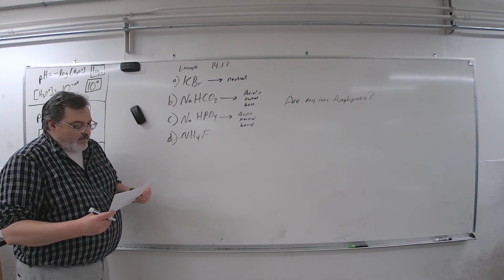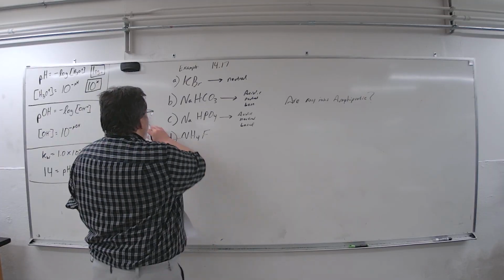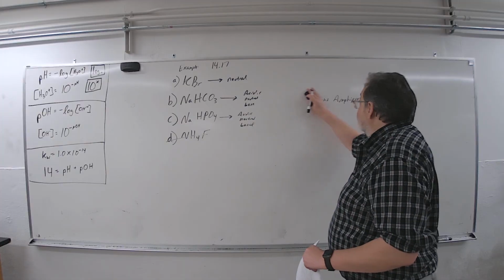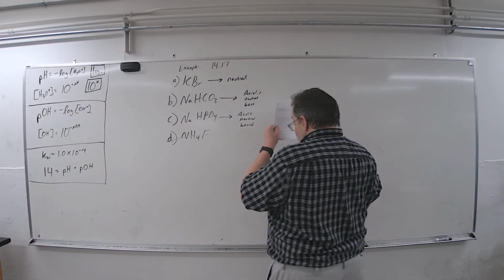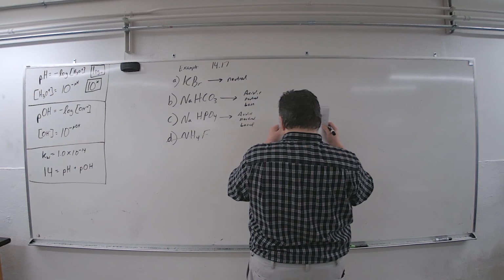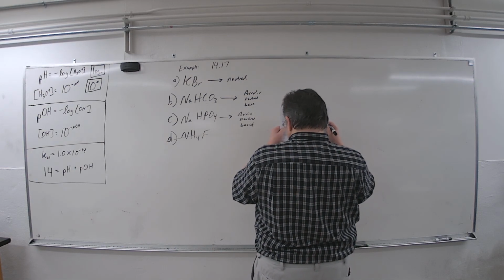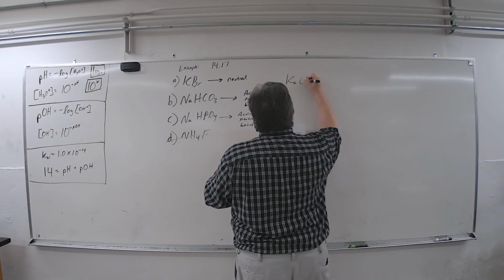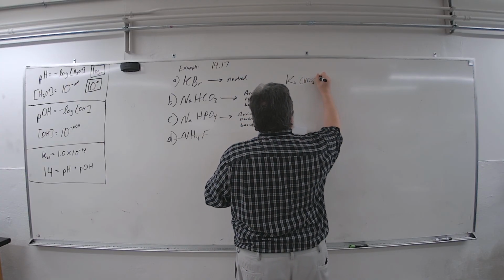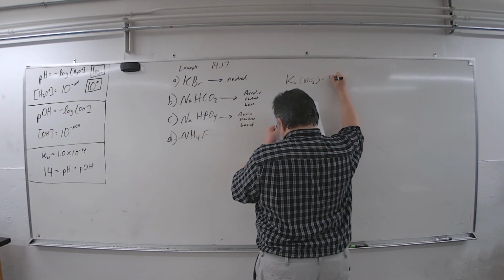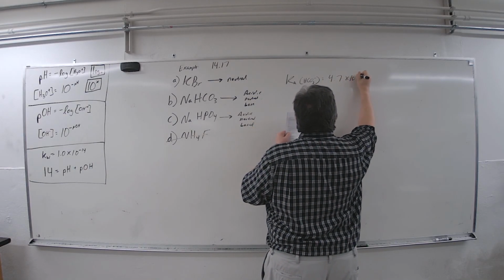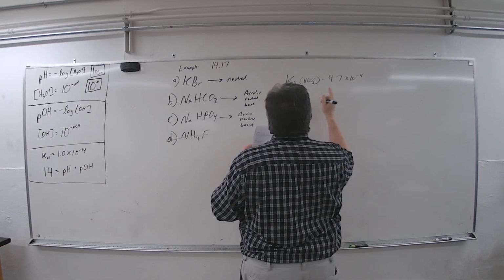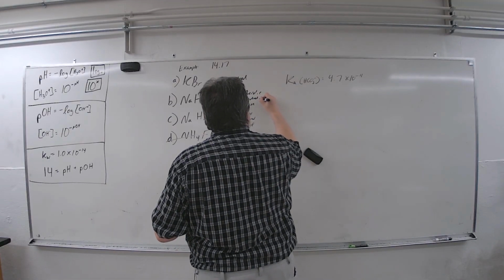So whether it's acidic or basic, you need one other thing. This book has you just always look things up in charts. Let me say this. For B, Ka for HCO3 and its Kb value. Okay, that's true for this one.